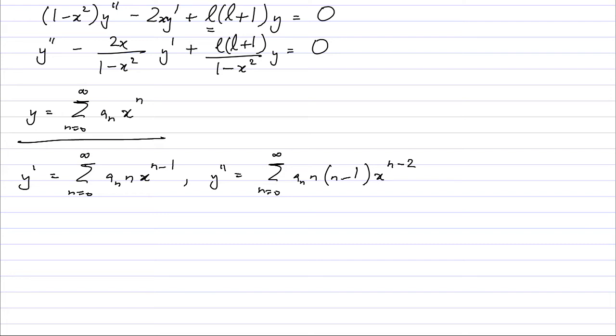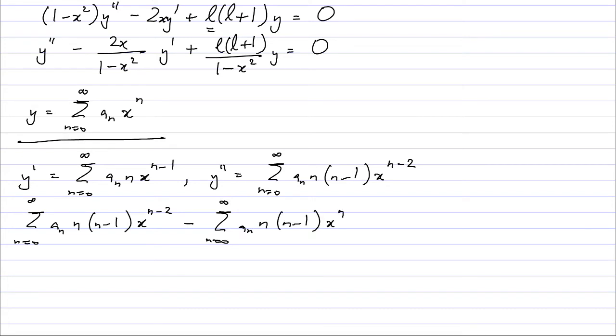So you have y double prime, and minus x squared multiplied by y double prime gives you n(n minus 1) a_n x raised to power n.